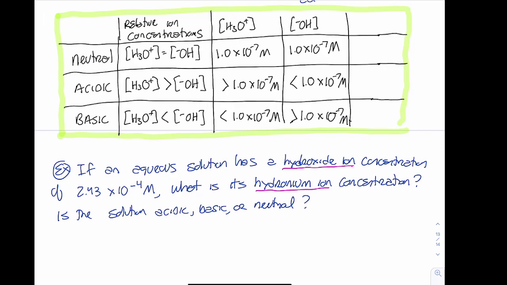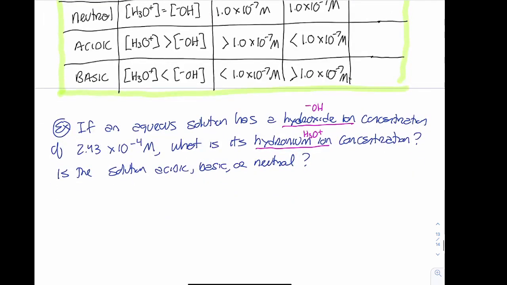Most people know which is which, but if you see them in print on a test or a quiz and you're hurrying or you get a little nervous, it's really easy to get those two words mixed up because they look very similar. So just be really careful. Hydroxide is my OH minus. Hydronium is my H3O plus.